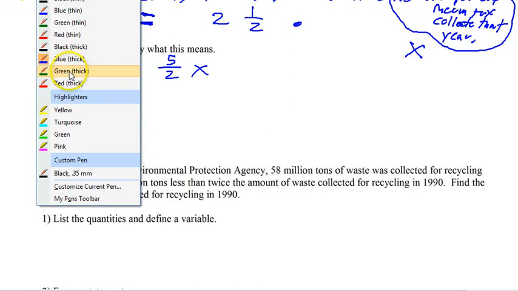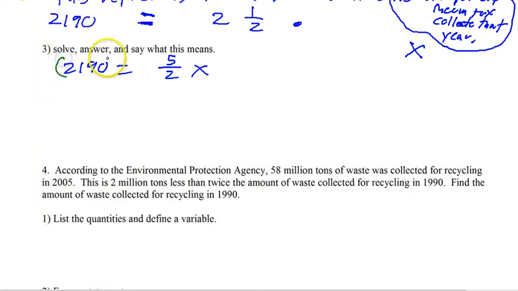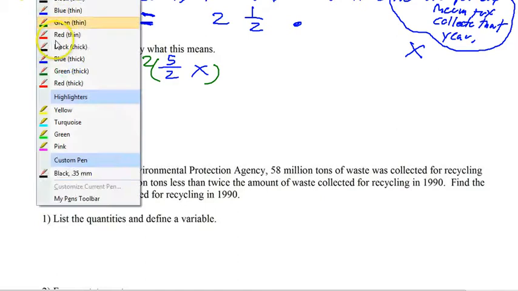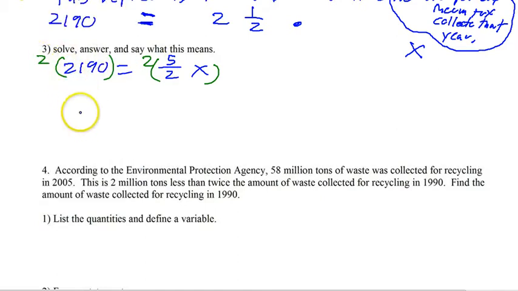So we can multiply both sides by the reciprocal, or we can just multiply both sides by 2 first. And that gives us double that, which is 43.80, and 5x, and then divide by 5.